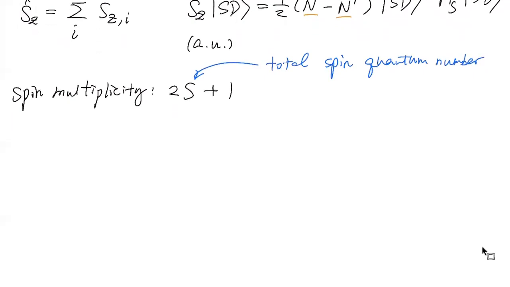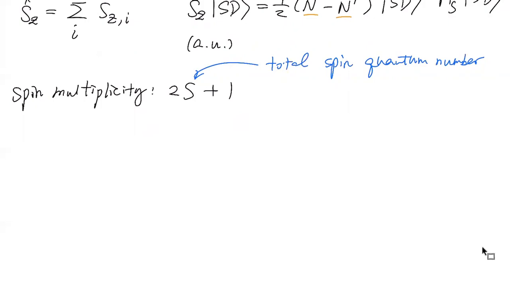Okay, so to compute the total spin quantum number, first you need to apply the total spin angular momentum operator, actually the square of the total spin angular momentum operator, onto the Slater determinant. And if the Slater determinant is an eigenfunction of S squared, then you can rewrite the corresponding eigenvalue as S times S plus 1.